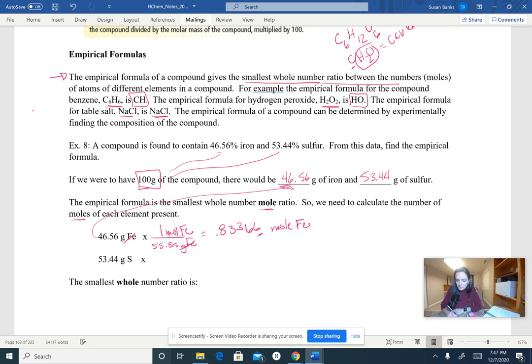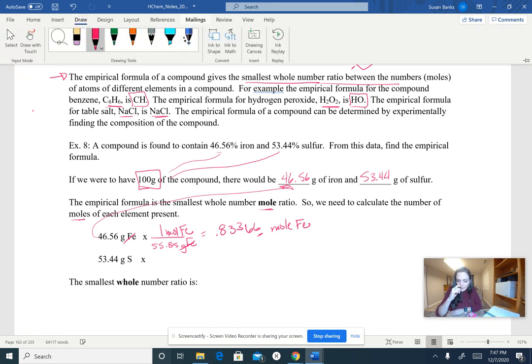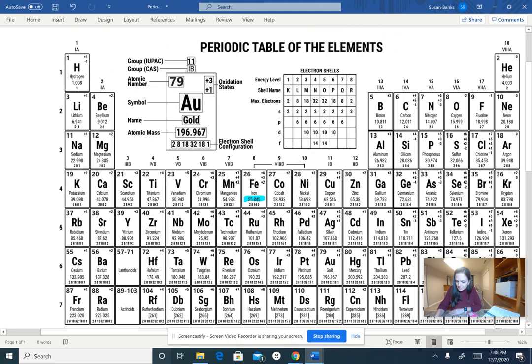Okay, we're going to do the same thing with sulfur. Okay, so if I do sulfur, let's look at sulfur on my periodic table. Sulfur, I have 32.066, so that's going to round to 32.07.